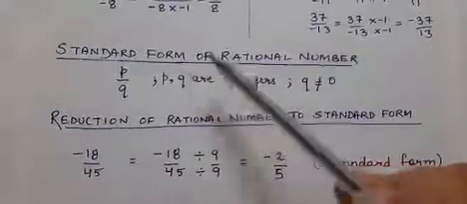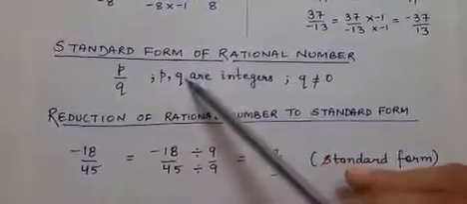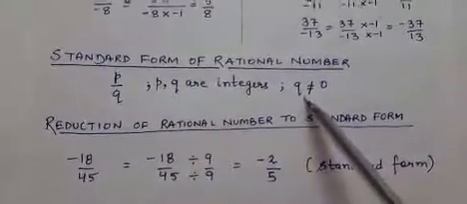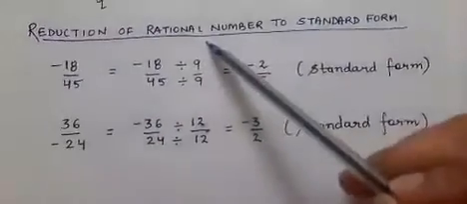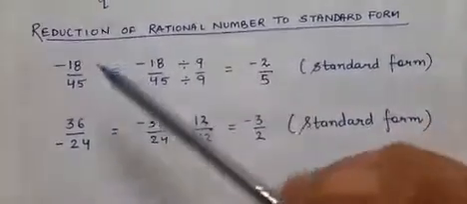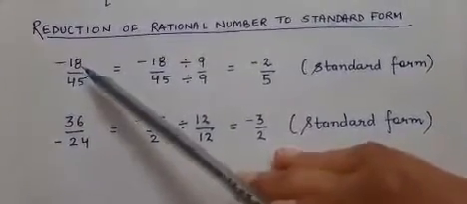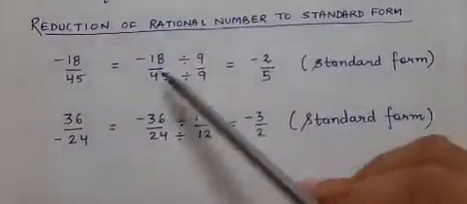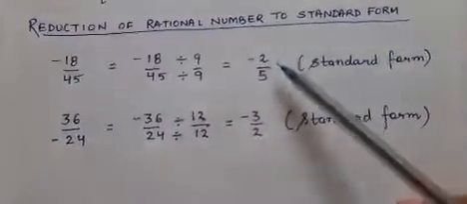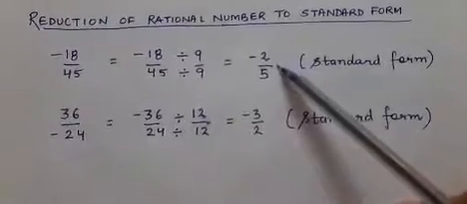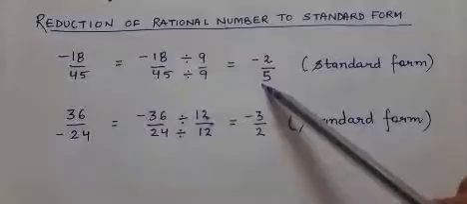The standard form of a rational number, which we have already studied, needs to be in the form of p upon q, where p and q are integers and q is not equal to 0. Reduction of a rational number to standard form: when we see a rational number like minus 18 upon 45, both the numerator and denominator can be divided by 9, and we get the standard form or the reduced form of the rational number as minus 2 upon 5.